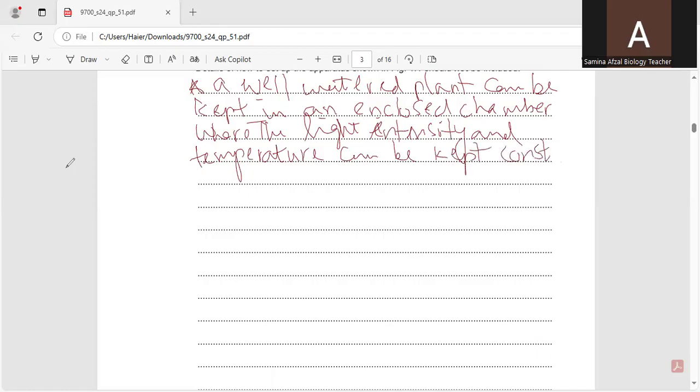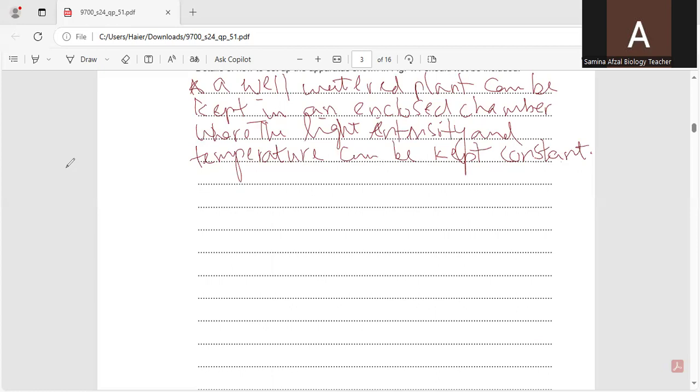And student, one more method can be used for this purpose. When we keep this apparatus in a room, we can use a lamp to give the same light intensity or to provide the same temperature.